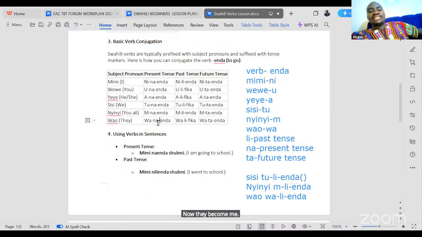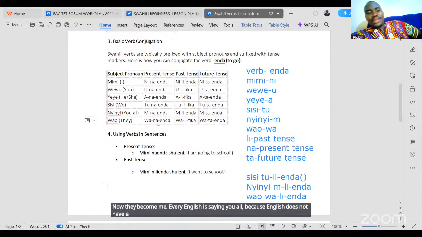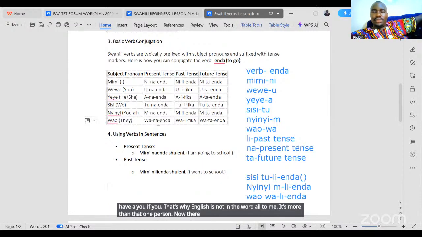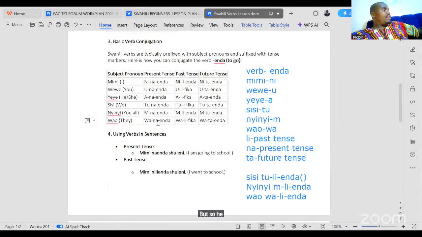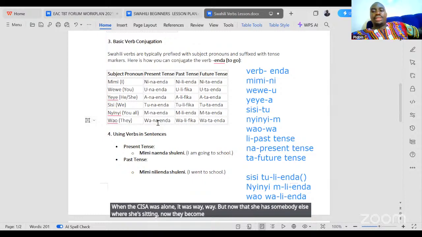That's why English says you all, because English does not have a plural you. You is you. That's why English adds the word all to mean more than one person. Now there are two people, you see? So we call those two people in the far corner nyinyi. When the sister was alone, it was wewe. But now that she has somebody else where she's seated, they become nyinyi in Kiswahili.